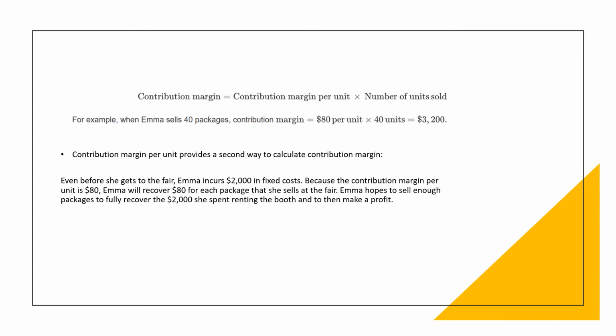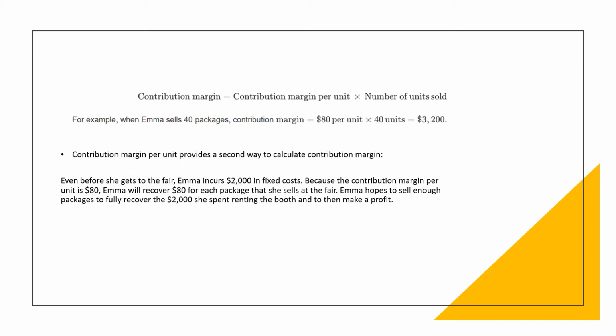So the contribution margin per unit provides a second way to calculate contribution margin. Even before she gets to the fair, her fixed cost is going to be 2,000, that's what we got for the booth rental. Because the contribution margin per unit is 80, she'll recover $80 for each package that she sells at the fair.